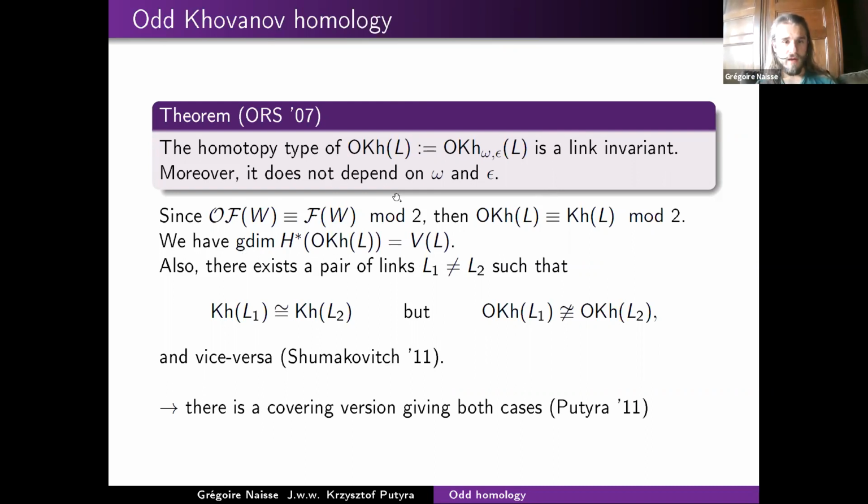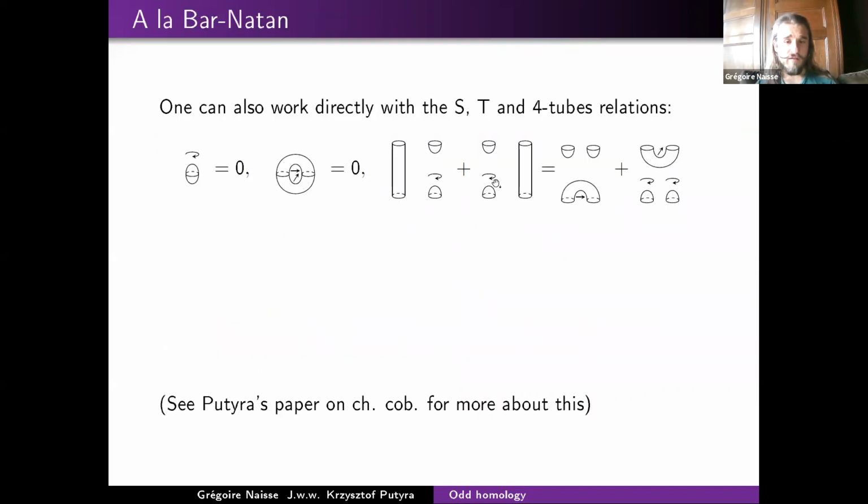Okay, I wanted to say also something more. For people who know usual Khovanov homology, you probably know that there's also this construction due to Bar-Natan that allows you to not apply the TQFT, but work in some kind of quotient of the category of cobordisms.